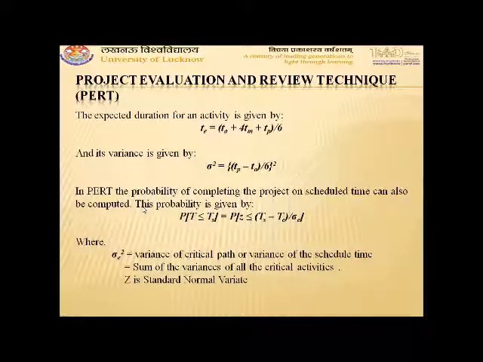Ts is schedule time, Te is expected duration of the project, sigma e is the standard deviation of the project, which can be obtained by summing the variances of all the critical activities. That means we have to first find the critical path also. And Z is called standard normal variate. So using the table of standard normal distribution or using the formula of standard normal distribution, we can obtain this probability very easily.